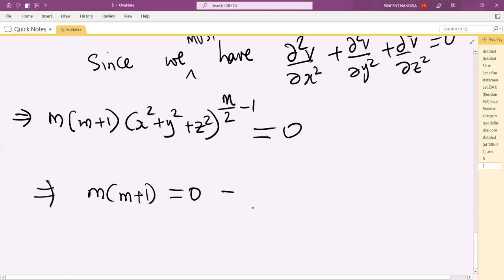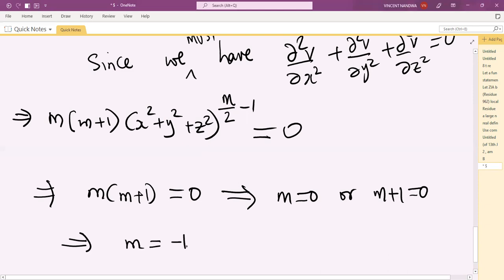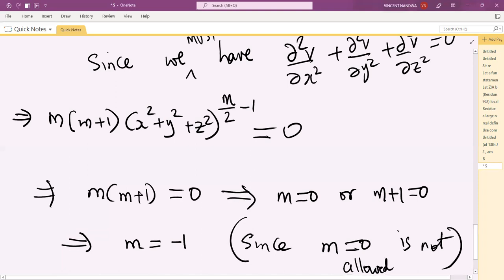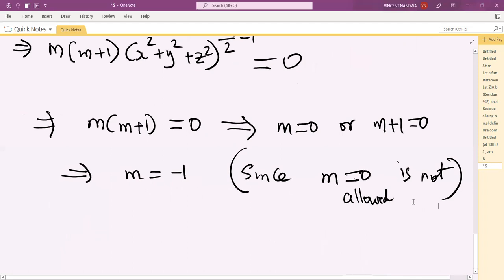And this implies m equals 0 or m + 1 equals 0, which implies m equals −1, since m equals 0 is not allowed. So therefore, the value of m which makes the given equation satisfy the Laplace equation is m equals −1.